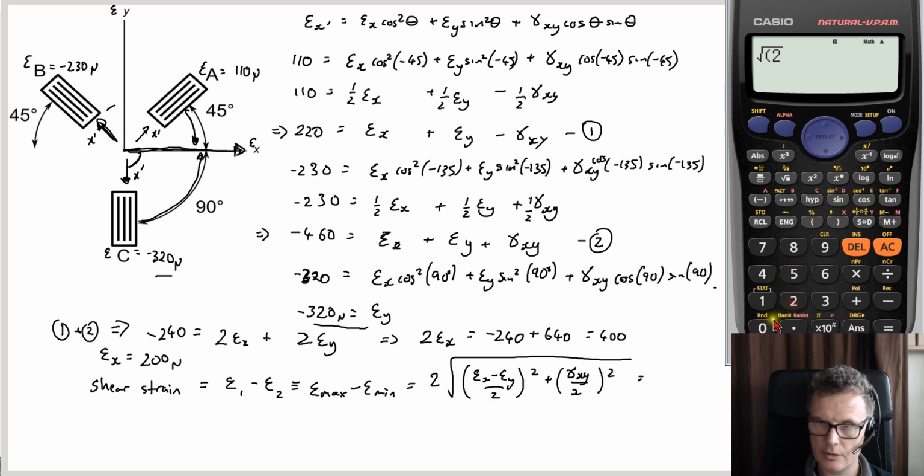So 200, take away my x, take away my y, which is this one here, so that becomes plus 320 squared. Strain, so what's the strain? Did I work it out? I didn't. So I've got the x, got the y, I need to use equation 1.